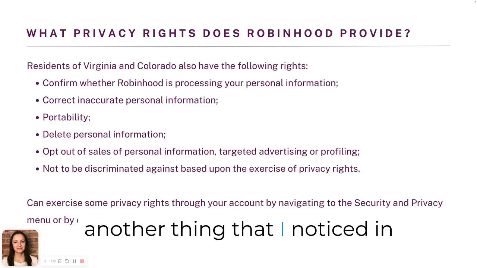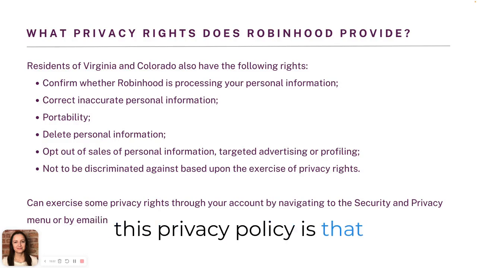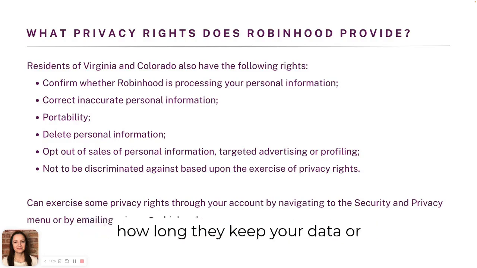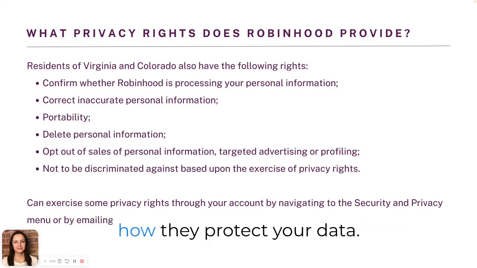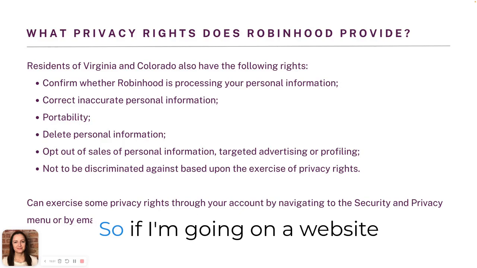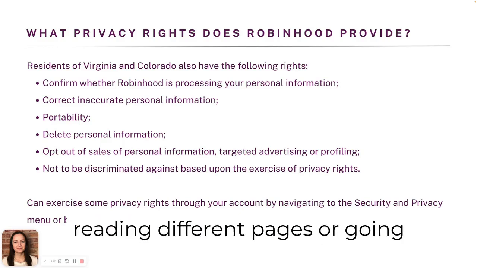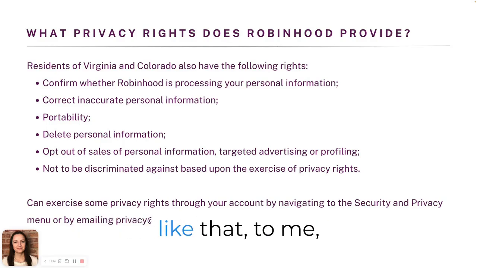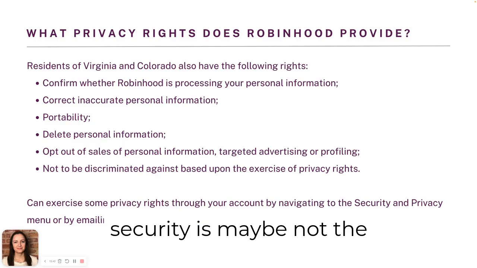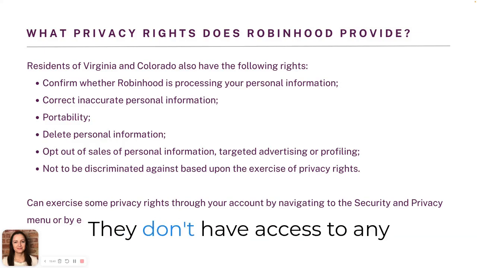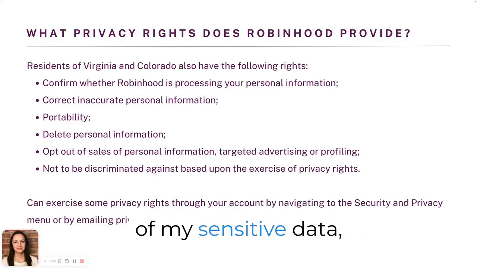Now, another thing that I noticed in this privacy policy is that Robinhood doesn't clearly state how long they keep your data or how they protect your data. If I'm going on a website and just reading different pages or going to a blog or something like that, to me, security is maybe not the biggest issue, right? They don't have access to any of my sensitive data.